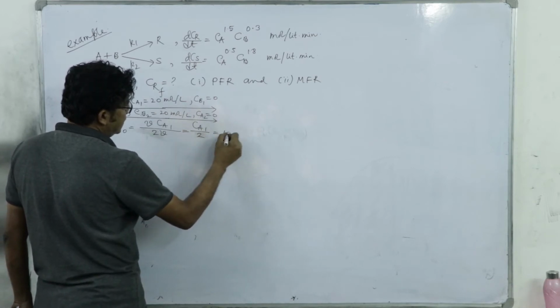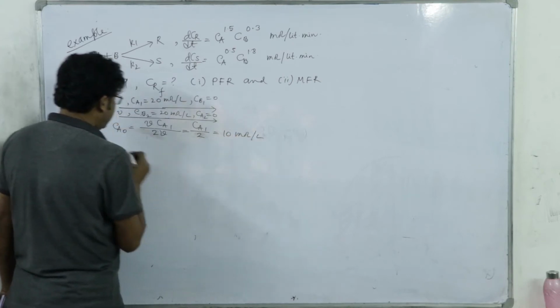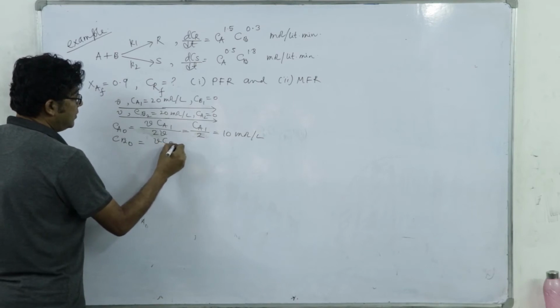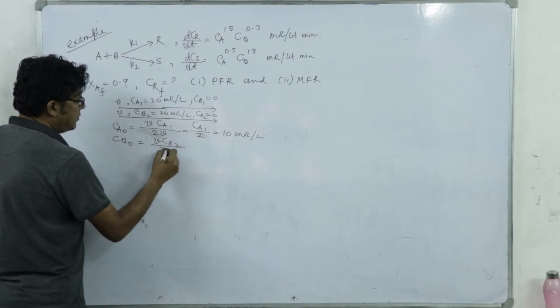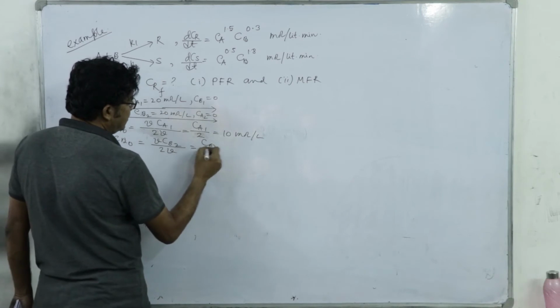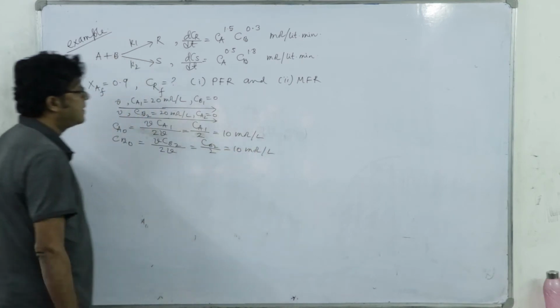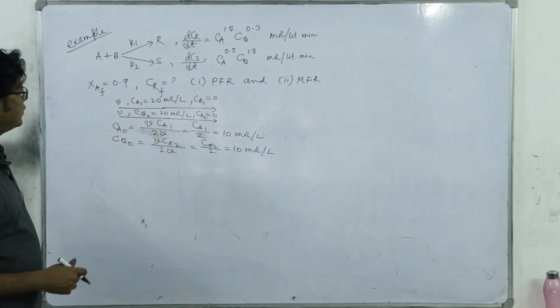So it is 10 mole per liter, and the same for Cb0, which is V Cb2 divided by 2V, Cb2 by 2, 10 mole per liter. So that's the initial concentration.